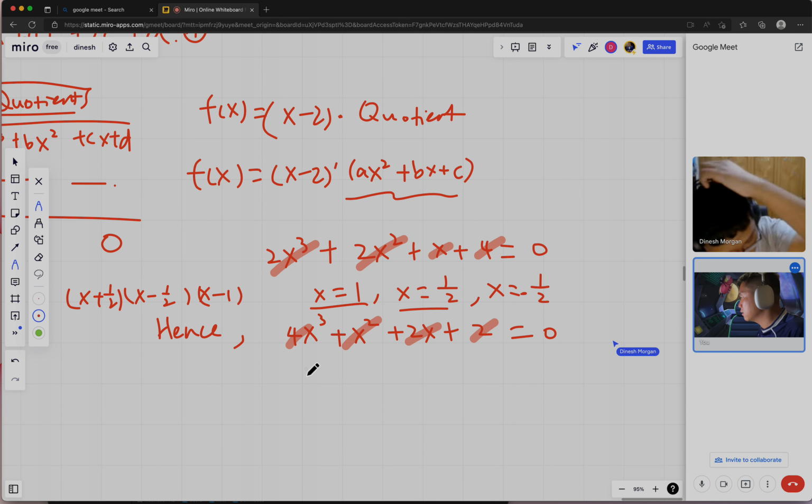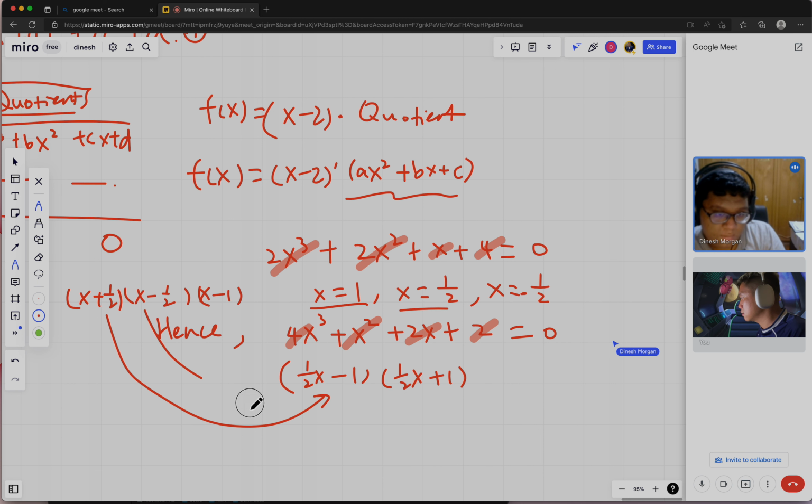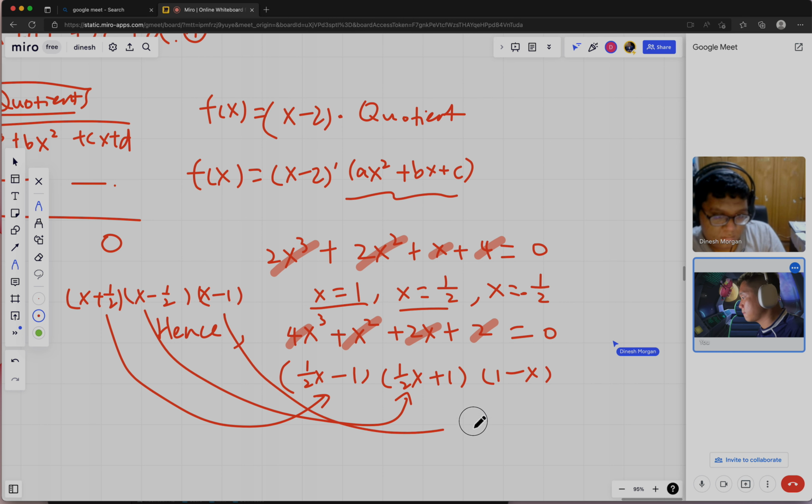It will be half x minus 1, then half x plus 1, and then 1 plus x, 1 minus x, something like that. And you can actually double check.